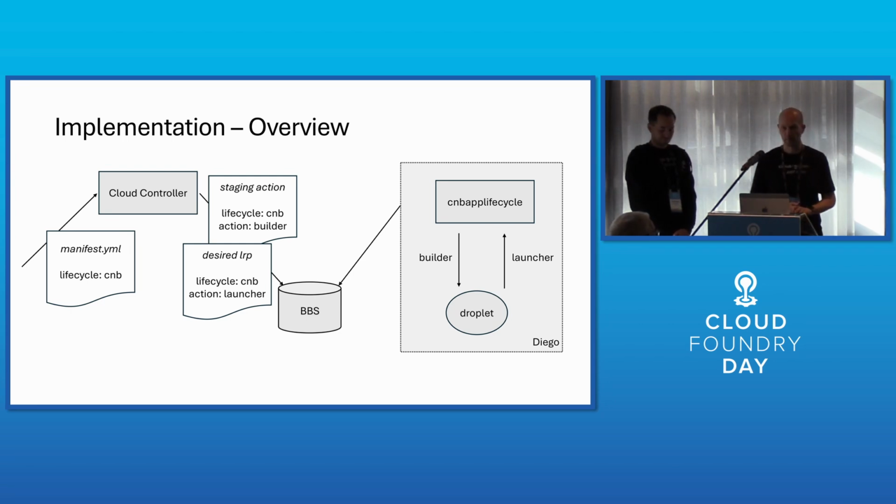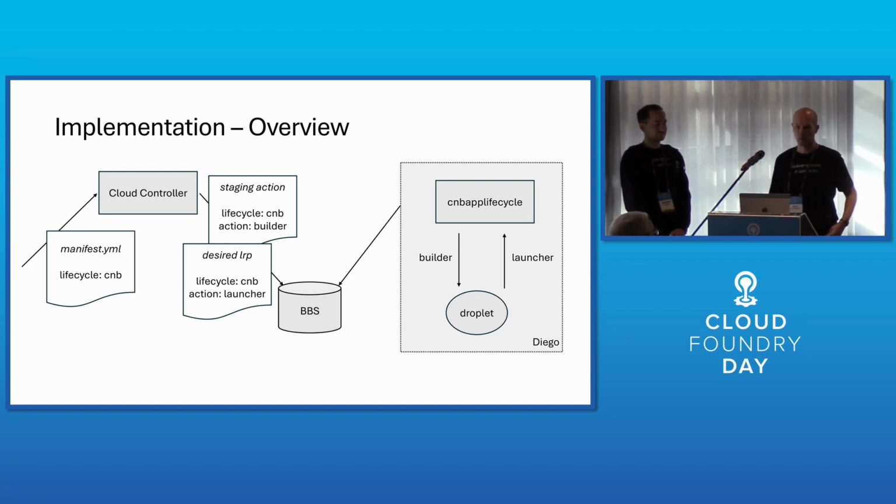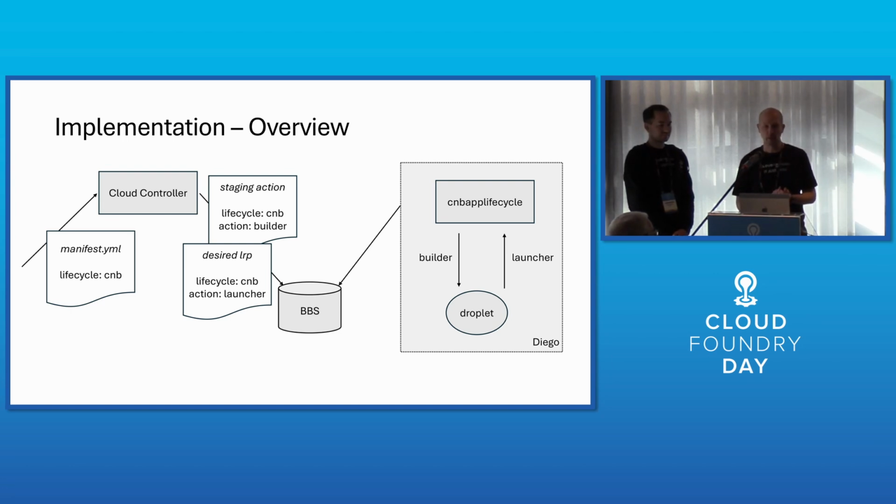So let's have a look at the implementation, how we implemented the Cloud Native Buildpacks in parallel to the existing buildpacks. We added one property to the manifest called lifecycle, which defaults to the existing buildpacks, but you can set it to Cloud Native buildpacks if you want to test out the other buildpacks.